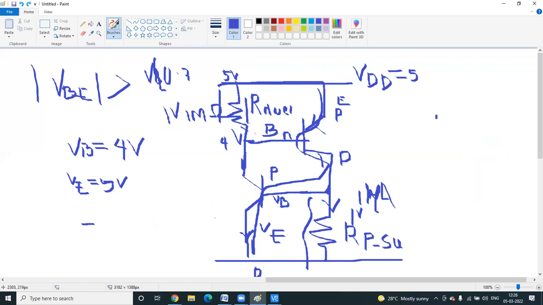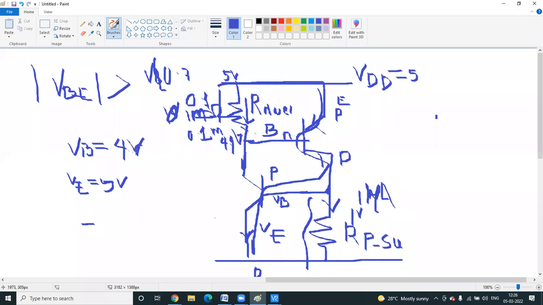Now if you reduce the resistance by adding P tap, the resistance will be reduced. So here also same thing, 0.1 mega ohm. So what is the voltage now? 0.1 into 1 microampere, so 0.1 volt. So 5 minus 0.1, you will get 4.9 volt.